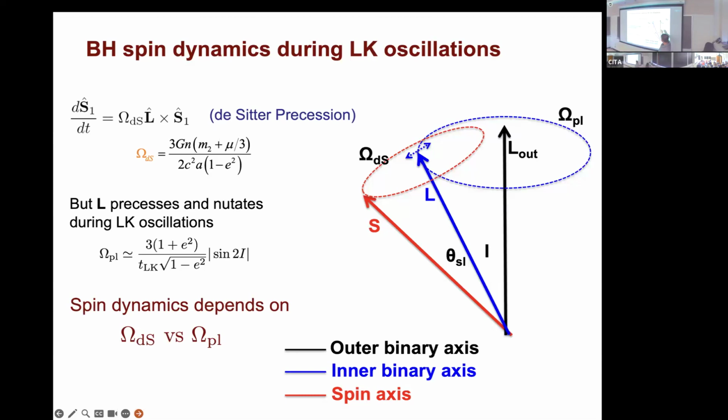L out is the outer binary axis. L is undergoing precession and nutation due to the Kozai effect, and S is trying to move around it. So you have to compare these time scales.